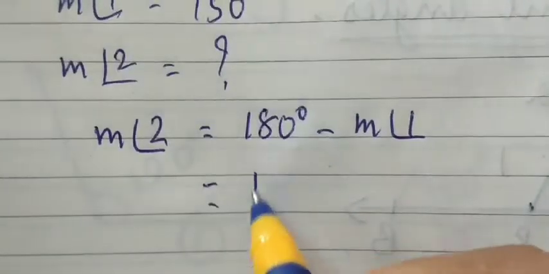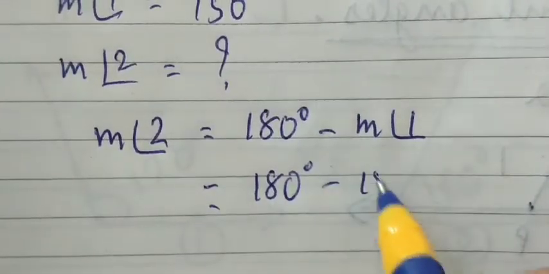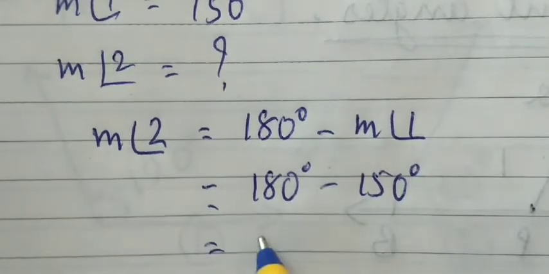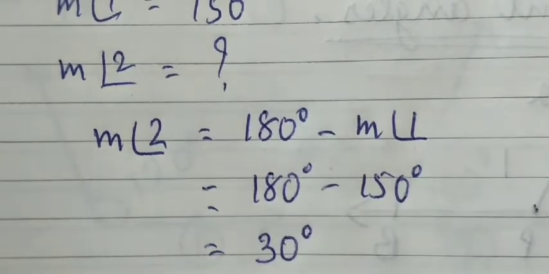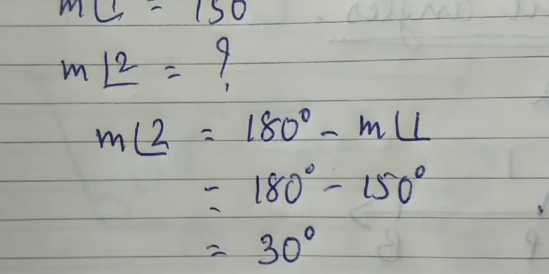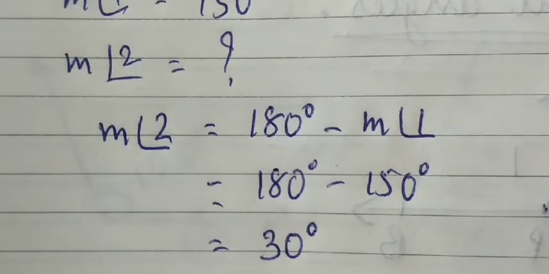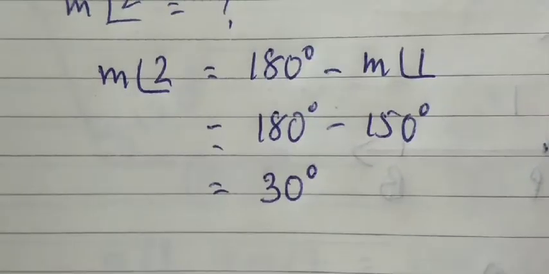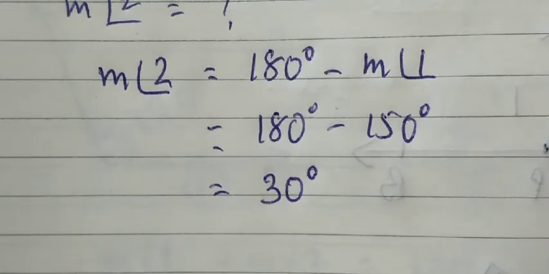And what do we get? 180 degree minus 150 degree gives you 30 degree. It is as simple as you calculated for complementary angles as well as supplementary angles.